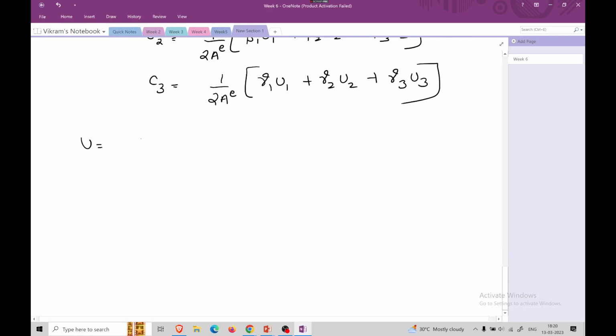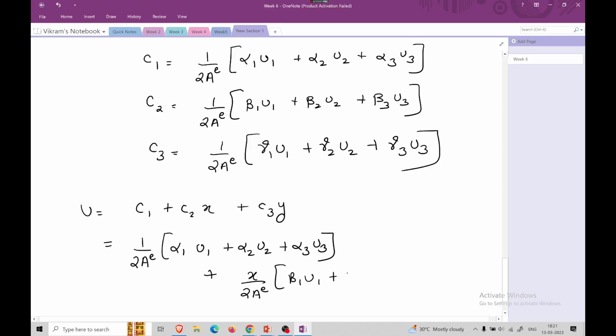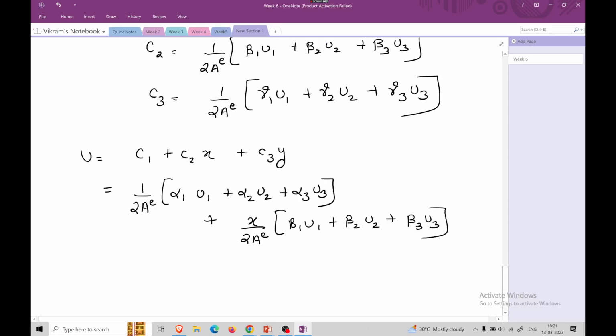My U is C1 plus C2x plus C3y, which is equal to 1 by 2 AE into alpha 1 U1 plus alpha 2 U2 plus alpha 3 U3, plus x by 2 AE into beta 1 U1 plus beta 2 U2 plus beta 3 U3, and finally plus y by 2 AE into gamma 1 U1 plus gamma 2 U2 plus gamma 3 U3.